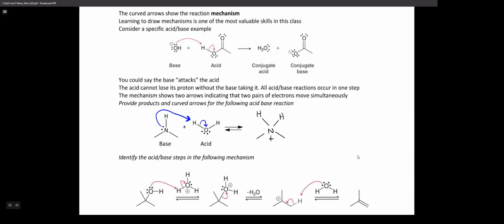Oh, by the way, I see this sometimes. Never do this. Never, never, never. Because now it looks like, where are those going? Are those going to a carbon? Because remember, an intersection is supposed to be a carbon. That makes no sense. They have to go directly to the nitrogen.